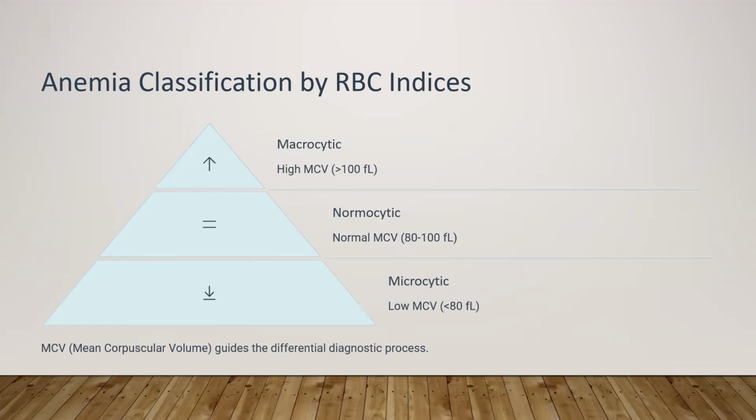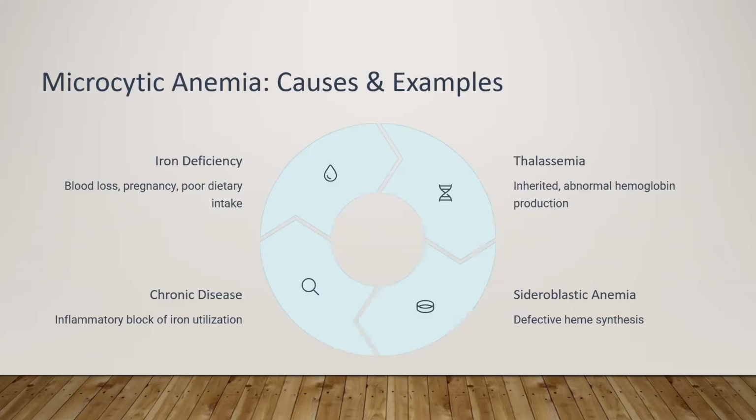The normal range of MCV is 80 to 100 fL, which we call normocytic anemia. If the MCV is more than 100 fL, it will be macrocytic anemia, and if less than 80 fL, it will be microcytic anemia. We're going to speak about each of these types of anemia in a little bit of detail.